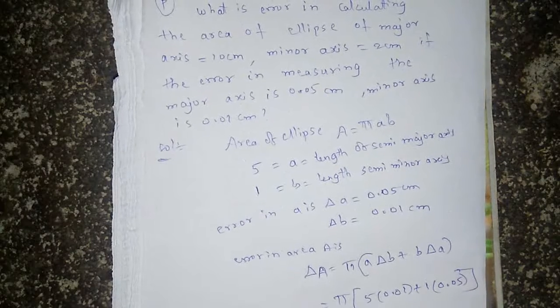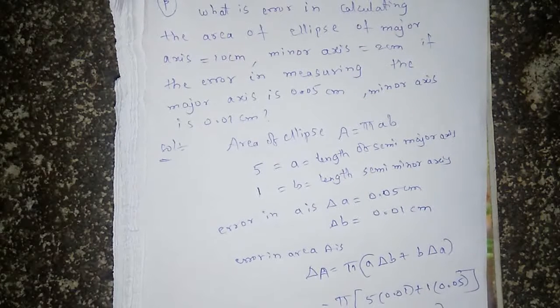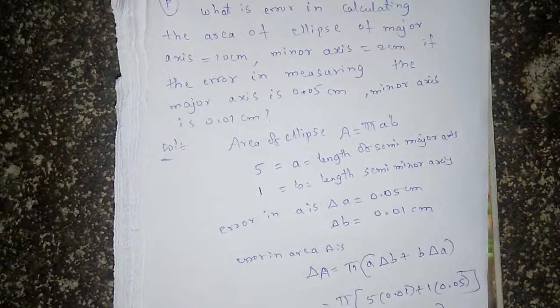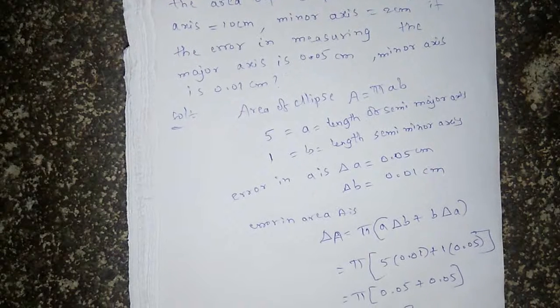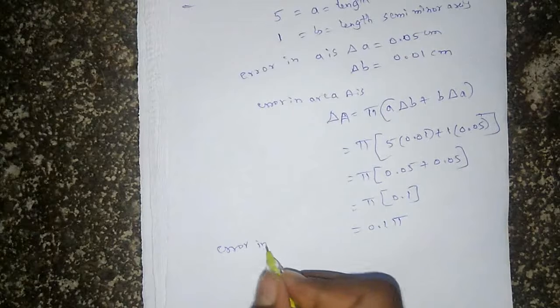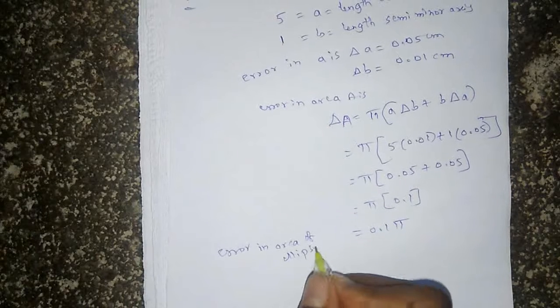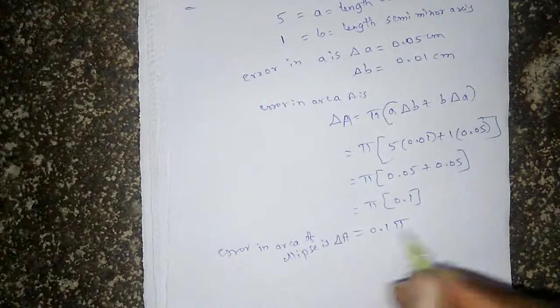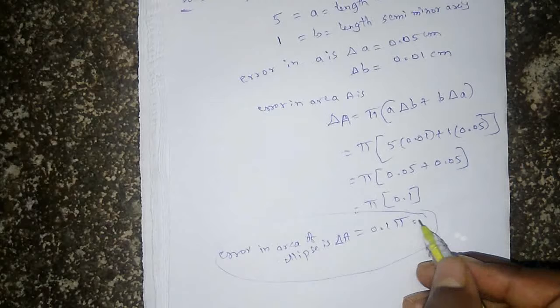This is pi into 0.05 plus 0.05, that is pi into 0.1, that is 0.15. Error in area of ellipse is delta A is equal to 0.15 square centimeter.